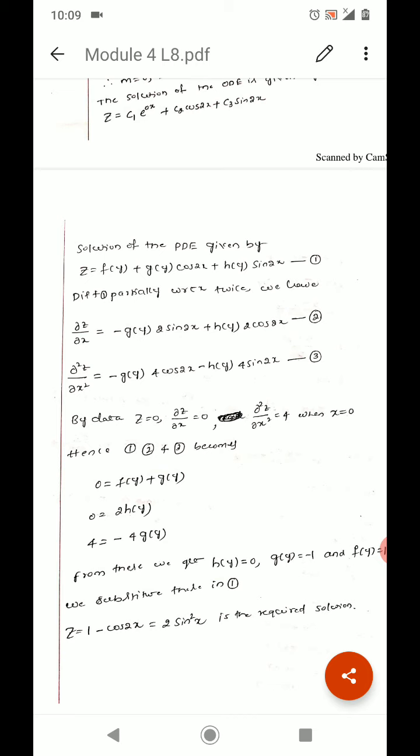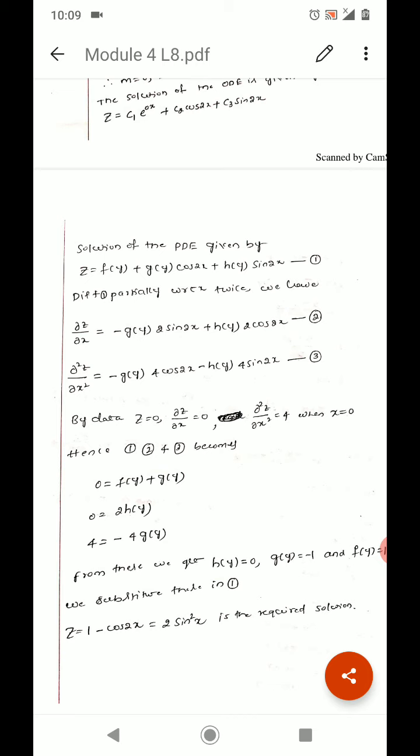Now use the given data. We have z is equal to 0, del z by del x equal to 0 and del square z by del x square is equal to 4 when x equal to 0. Hence equations 1, 2 and 3 become 0 is equal to f of y plus g of y, since cos 0 is 1 and sin 0 is 0.